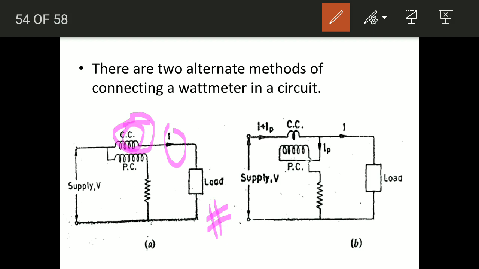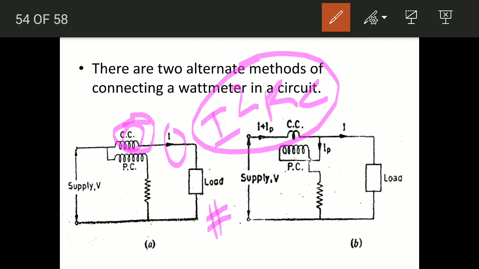Now because the value of current is small, obviously I square RC will also be small. And if I square RC is small, I can say that in this case the reading of wattmeter is close to the actual amount of power which is consumed by that particular load.